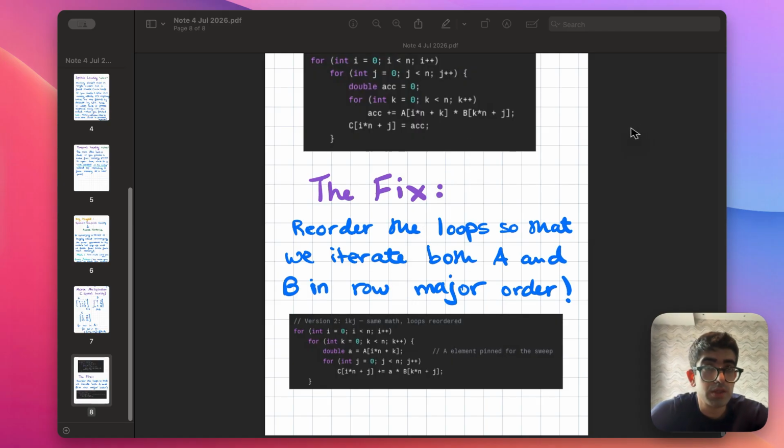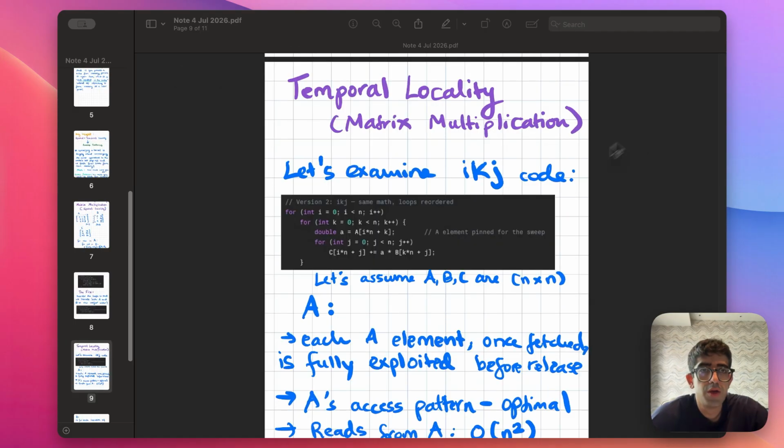And for the curious audience, this simple 3-line fix improved the performance of the matrix multiplication code on my machine to approximately 50x better.